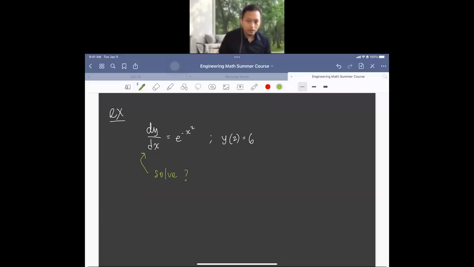Now, I think in calculus I probably mentioned this: if you integrate, for example, e to the something, this is not an elementary function.